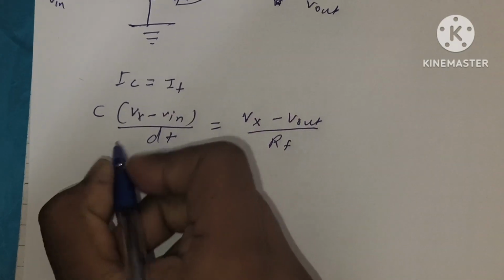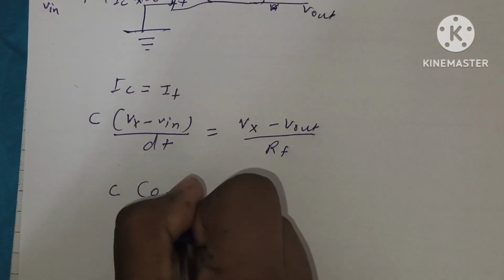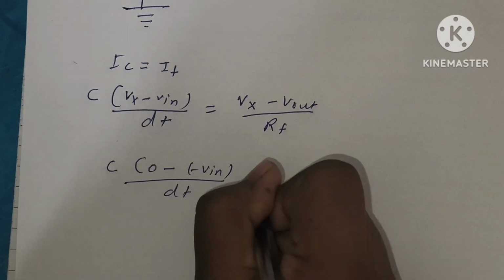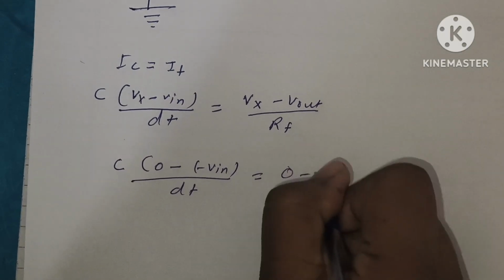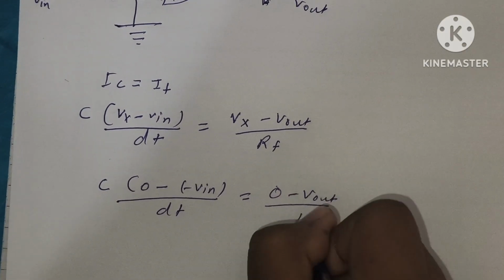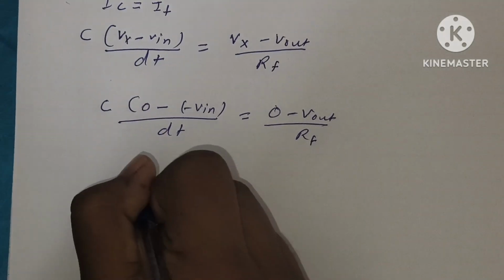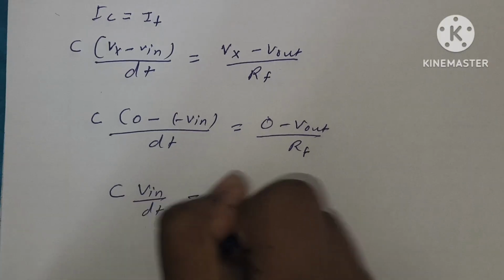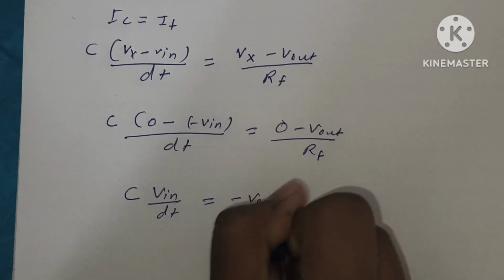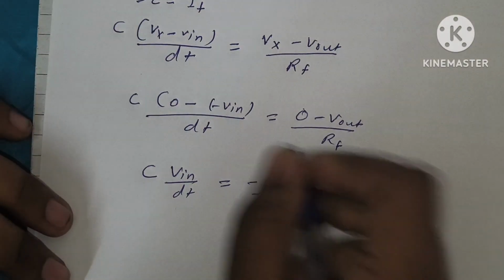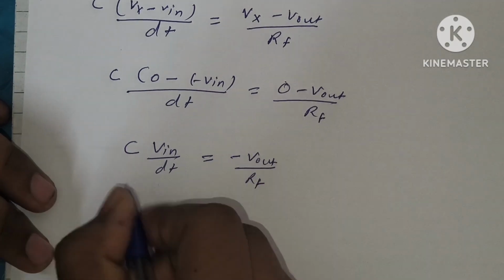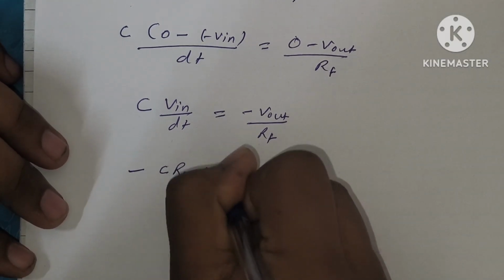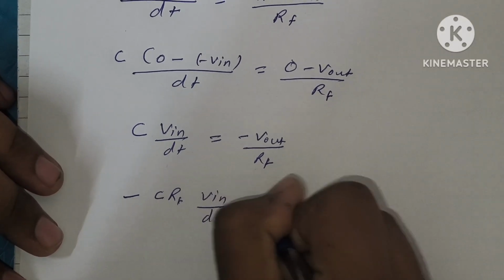As we know, Vx is 0, so C times minus dV in by dt is equal to 0 minus V out over the feedback resistance. So C dV in by dt is equal to minus V out by the feedback resistance. Now we will see the output: V out is equal to minus C RF dV in by dt.